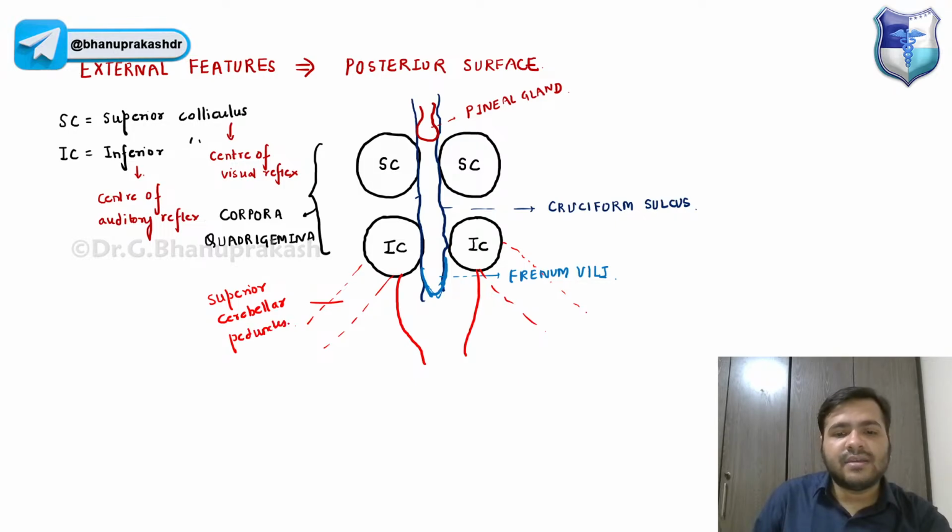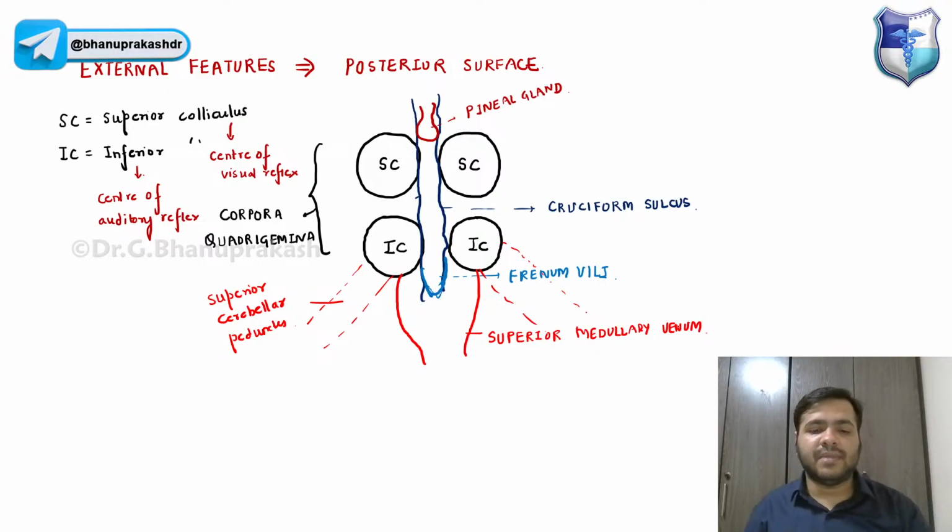And remember, guys, there is a membrane stretching between these two cerebellar peduncles on both sides, and that is called the superior medullary velum. This frenulum veli is present on the superior medullary velum, on the inferior part of this cruciform sulcus.